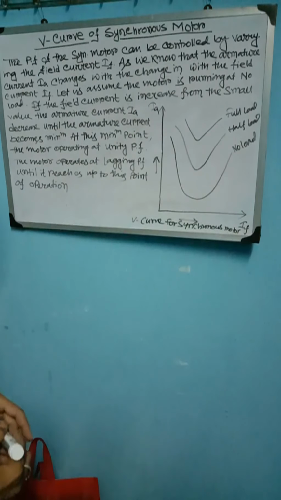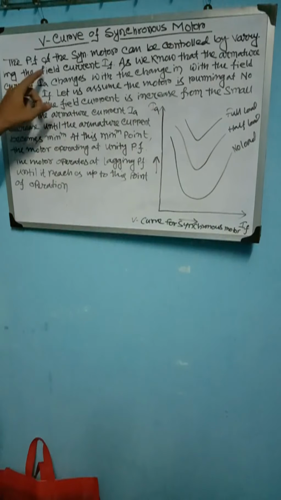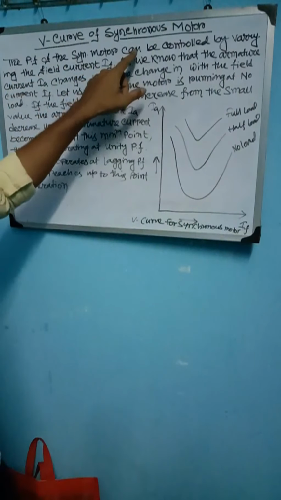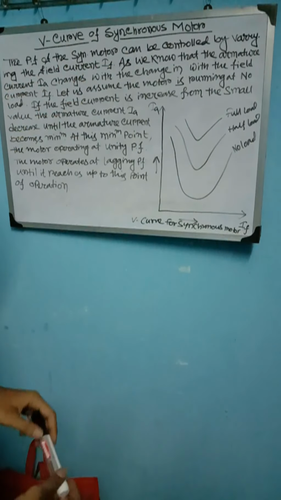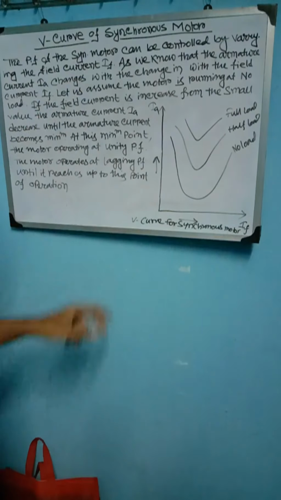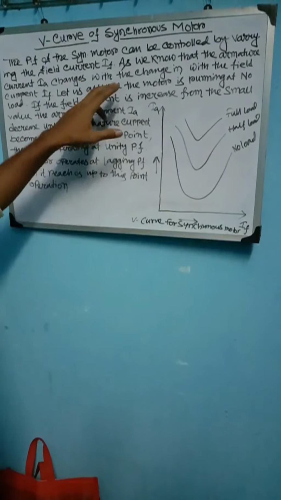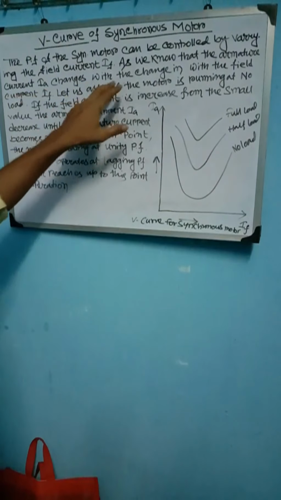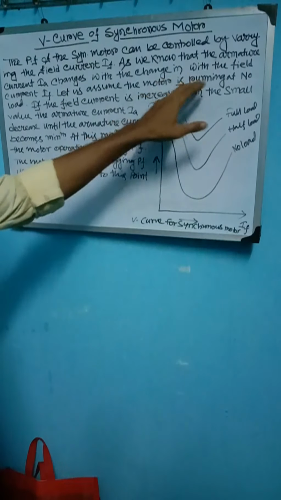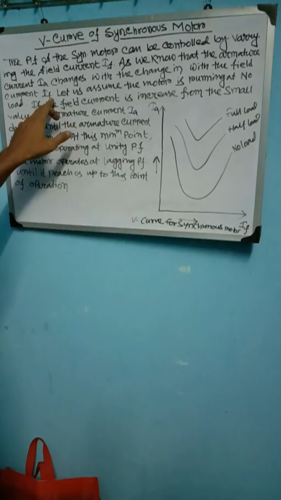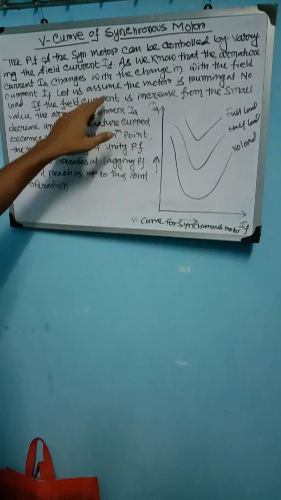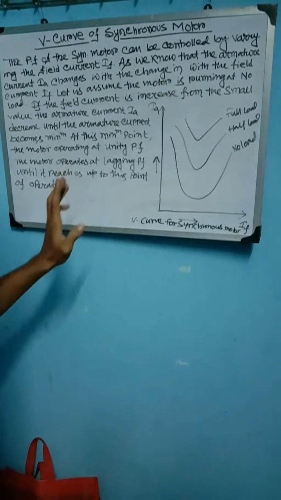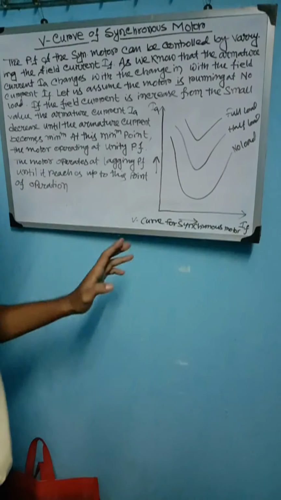So suppose the power factor of the synchronous motor can be controlled by varying the field current IF. As we know, the armature current IA changes with the change in the field current IF. Let us assume the motor is running at no load.